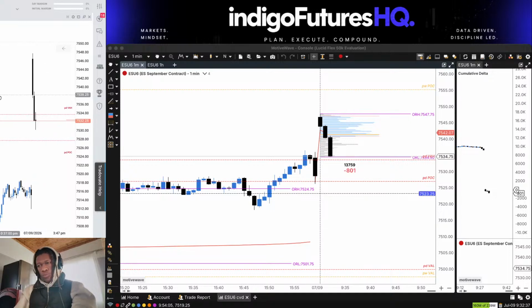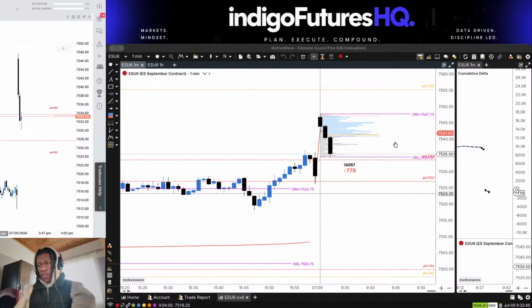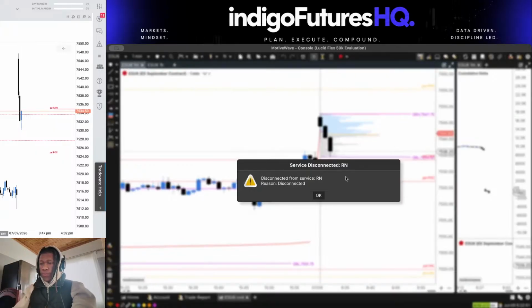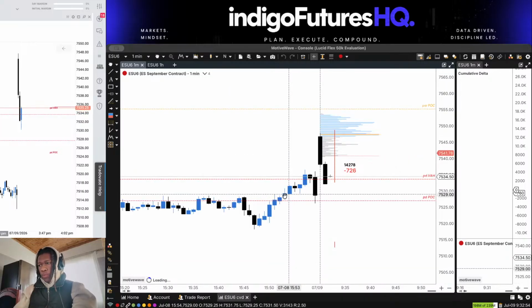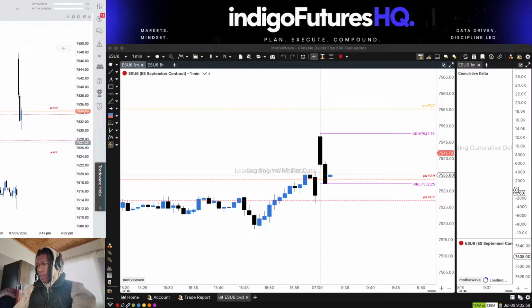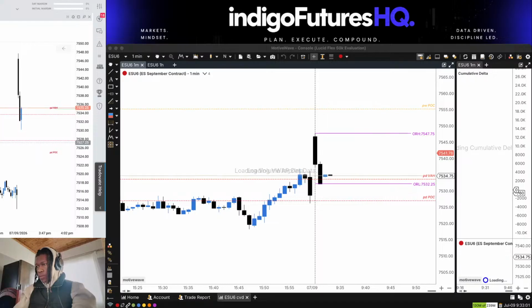Can you guys see that? Oh, okay, cool. I do want space inside previous day value area high right now. Can we hold or not?